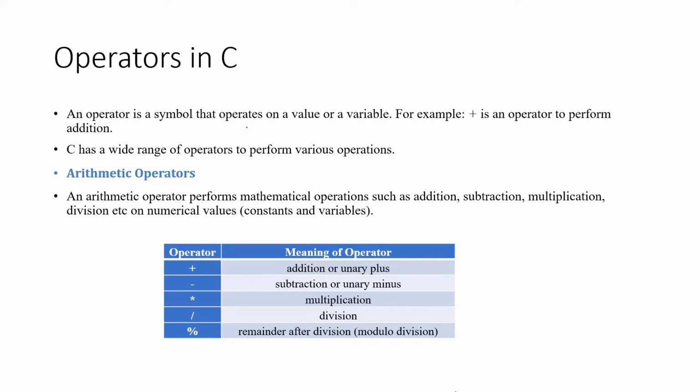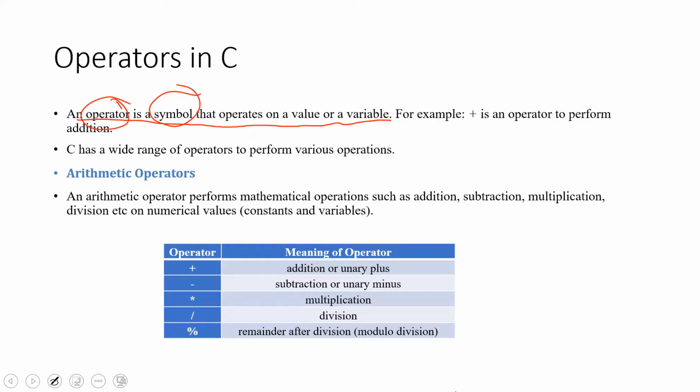An operator is a symbol that operates on a value or a variable. When you have more than one variable or value, and you want to do some operation, then we can use an operator. Which operation or which operator we are going to use is a secondary thing.